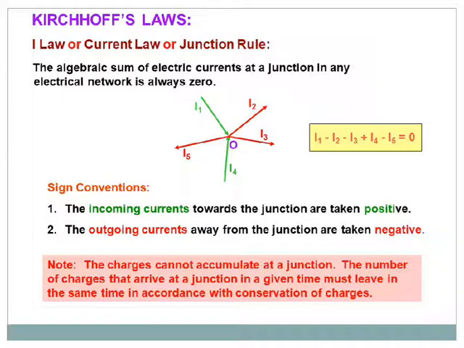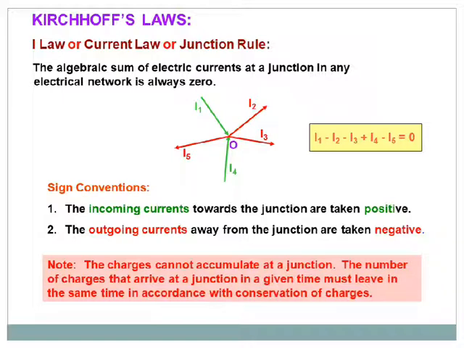So what is the role of the junction in this current law? The algebraic sum of electric currents at a junction in any electrical network is always zero. In mathematical form, you can say that summation I is equal to 0. Let's see the diagram. I have given the diagram in various colors. Red denotes the current which is going away from the junction.